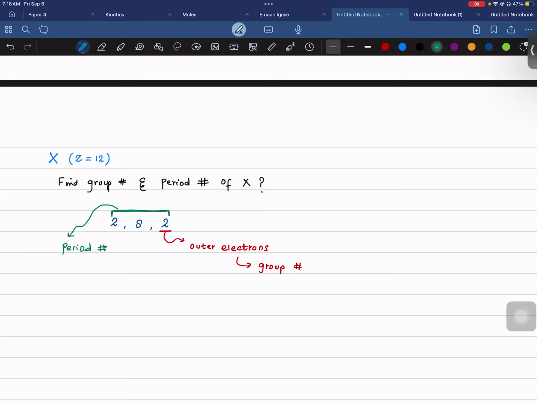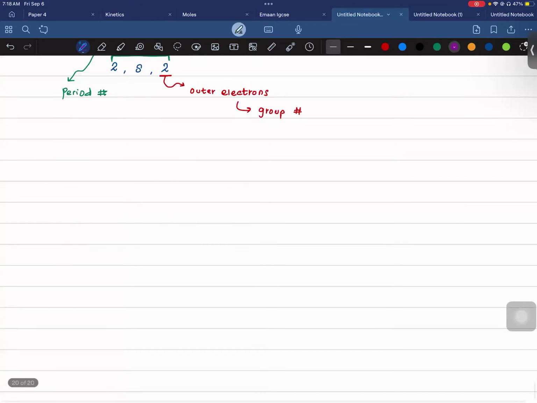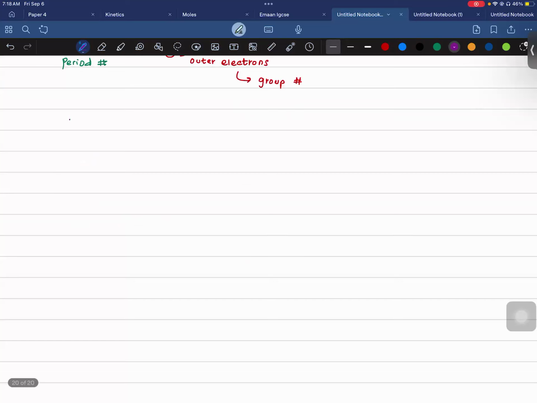Can you tell me the electronic configuration of phosphorus whose proton number is 15? Okay, so you have 2, 8, and 5. You have to do from hydrogen to calcium, whose proton number is 20, and you have to draw the shells, the spheres.